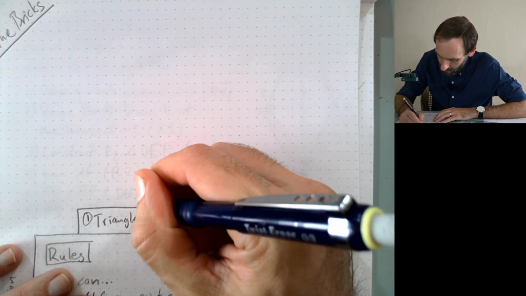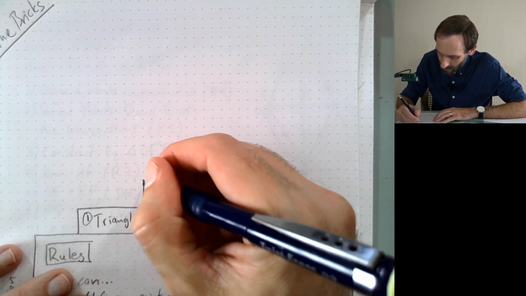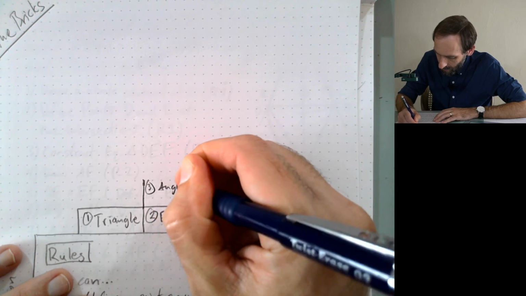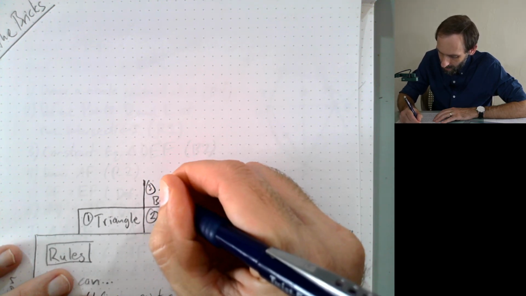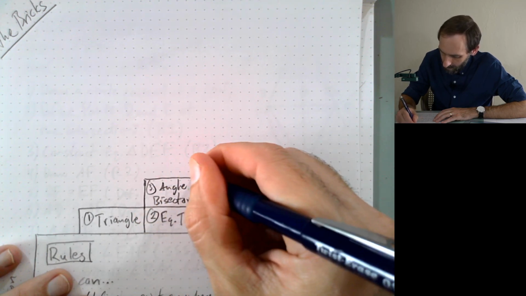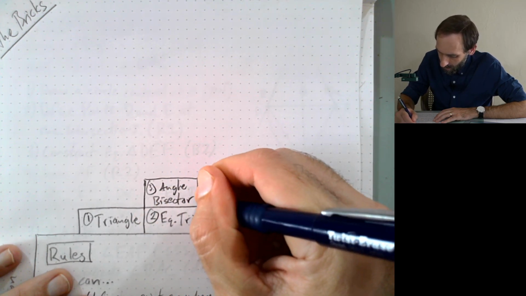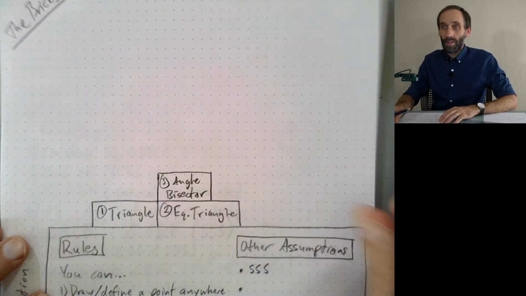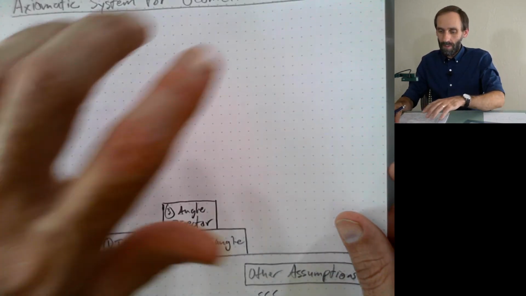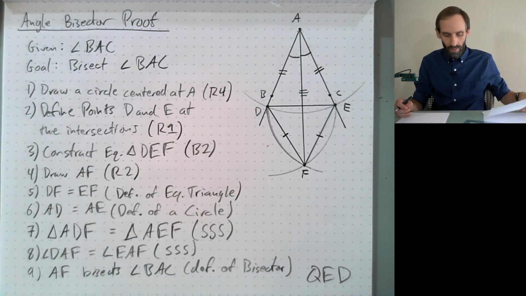So let's say this will be brick number 3, the angle bisector. So there we have one more brick in our system, which is great because we're building up, and we hope to get to the angle sum of a triangle eventually.